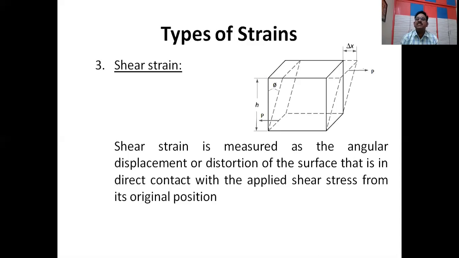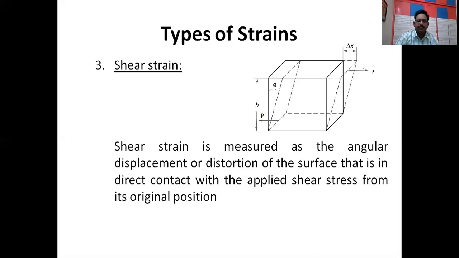Then the measure of this angle, the angle itself, is called shear strain. How much it is distorted or displaced angularly, that is called the shear strain.